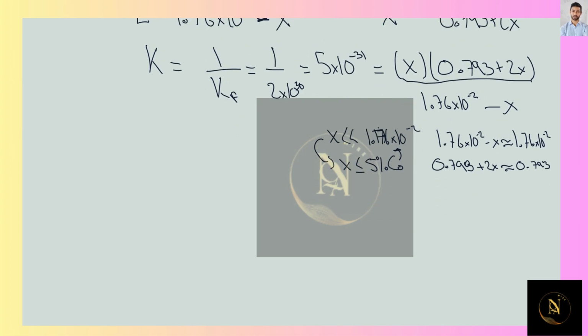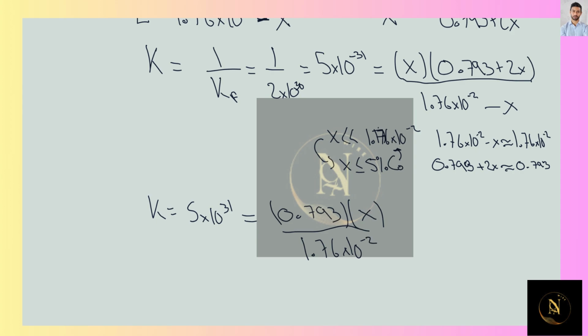So our equilibrium constant, 5 times 10 to the minus 31, becomes 0.793 times X divided by 1.76 times 10 to the minus 2.